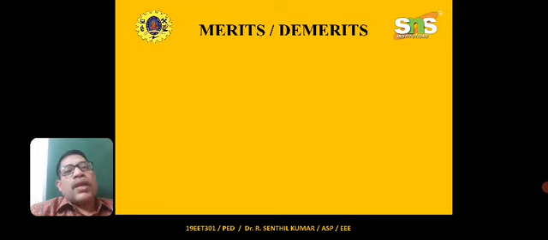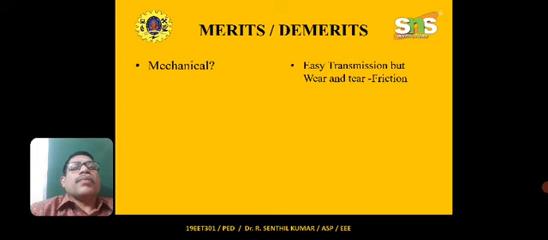The first is the mechanical drive with the help of a gear wheel and a chain, and the next ones are hydraulic, IC engine, and pneumatic. See here the mechanical drive: easy transmission, but wear and tear comes into the picture, which means friction is there.